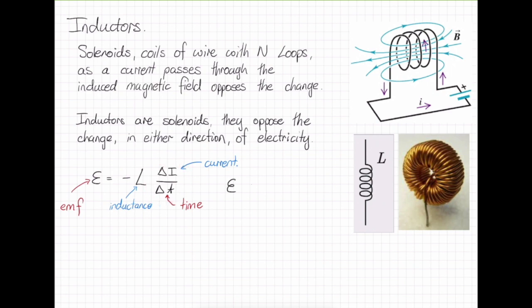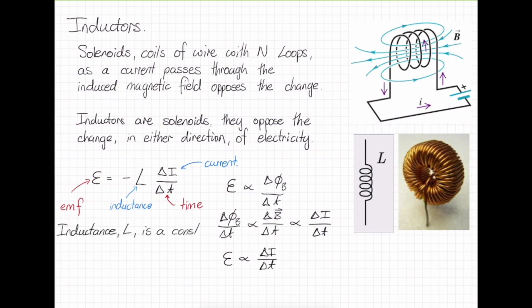Well, we know that EMF is proportional to the rate of change of our magnetic flux over a change in time. However, as the geometry is fixed for the coil, that is to say our A is constant, our magnetic flux is going to be the same as our changing magnetic field. Our change in magnetic field is going to be the same as our change in current. This gives us that our EMF is proportional to the change in current over a change in time.